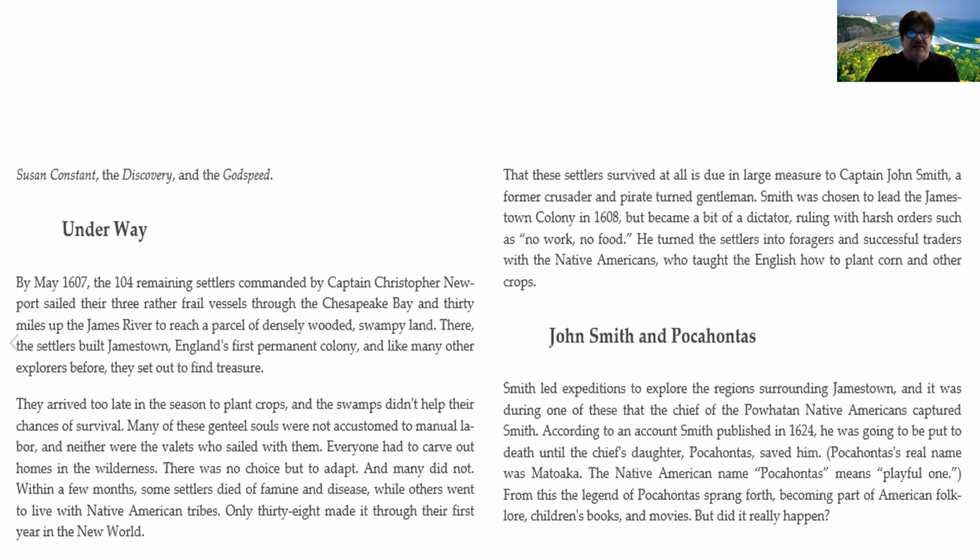There, the settlers built Jamestown, England's first permanent colony. And like many other explorers before, they set out to find treasure. Again, like I said, they were looking for gold too.